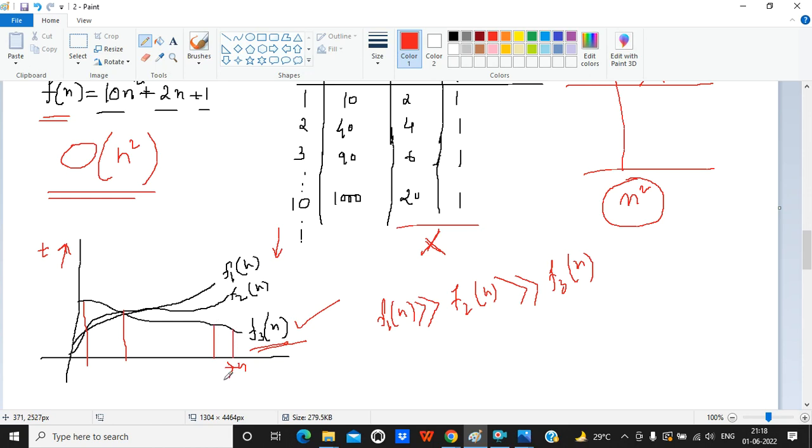Means for a huge number of inputs, you are producing the output in less time than this algo, than this algo. So that's why we are interested in this algo. We accept this algo. Are you getting the thing?